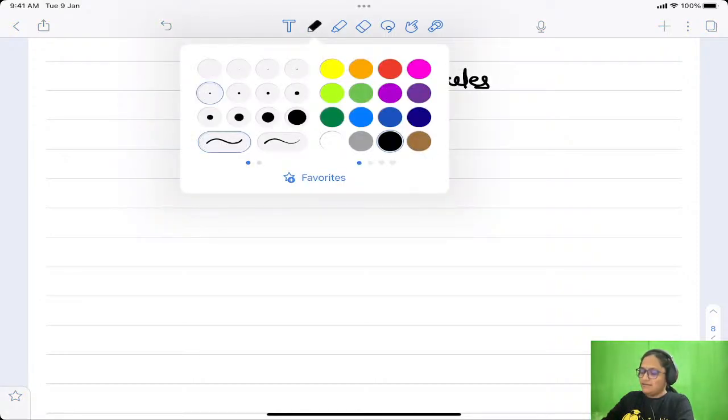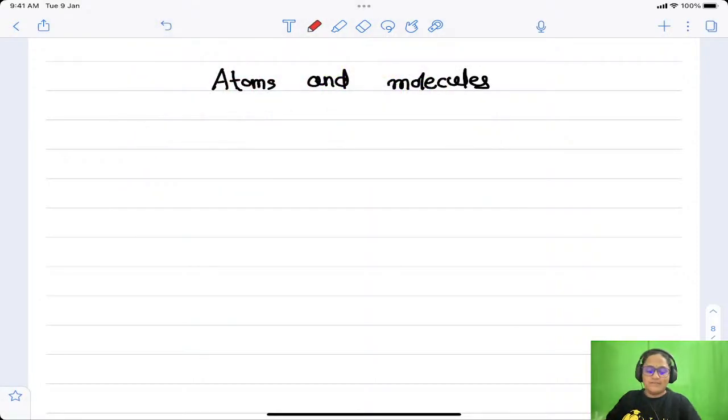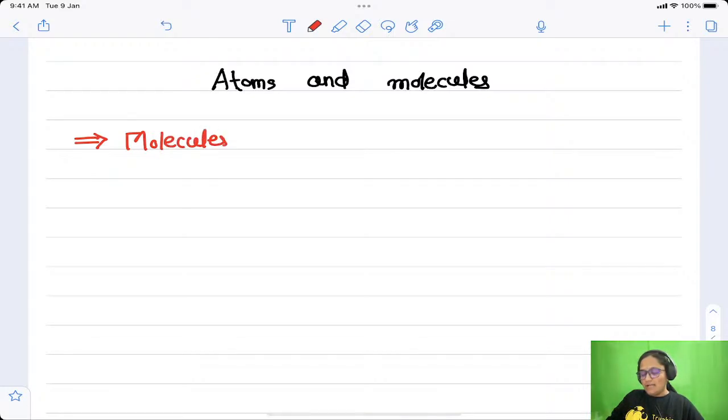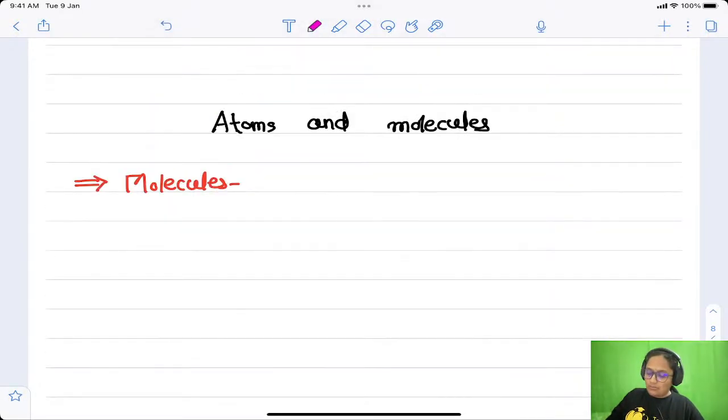We are going to discuss molecules today. In yesterday's class also we started discussing molecules, and I explained to you how to find out the mass ratio.